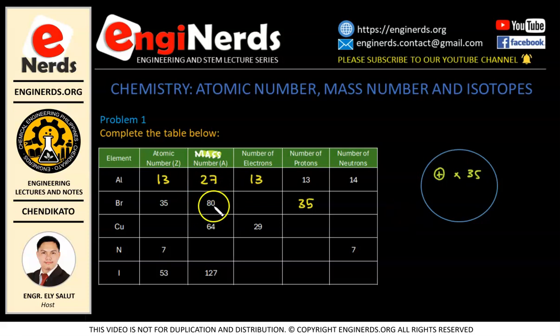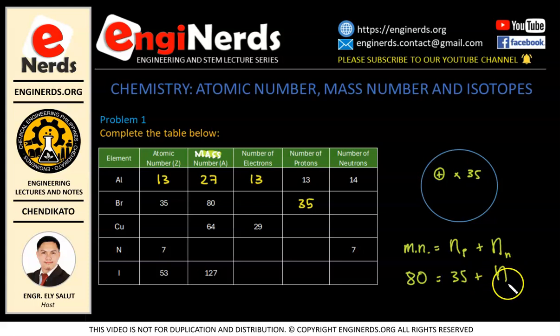Now we know that the mass number is the total number of protons and neutrons inside our nucleus. Okay, so we have 35 protons and our mass number is 80. So that means the mass number is equal to the number of protons plus the number of neutrons, right? So the mass number is equal to the number of protons, which is 35, and we know the mass number here, which is 80.